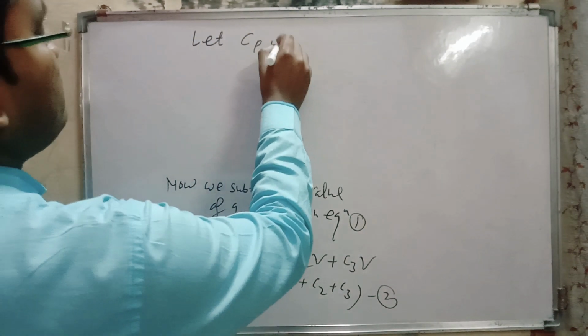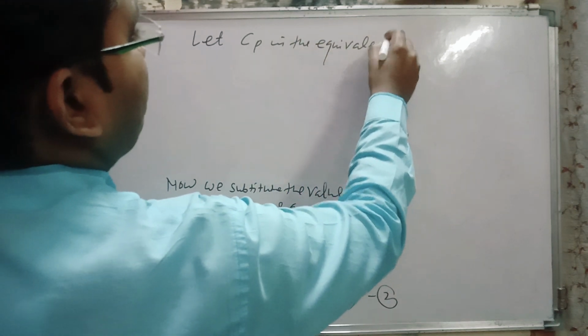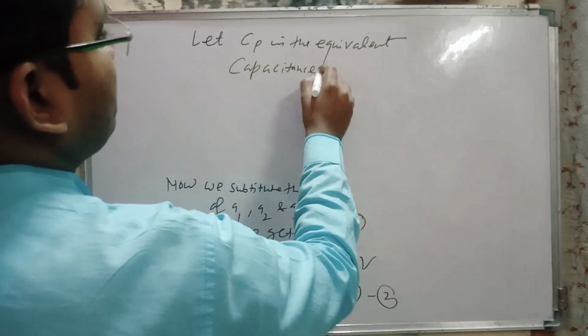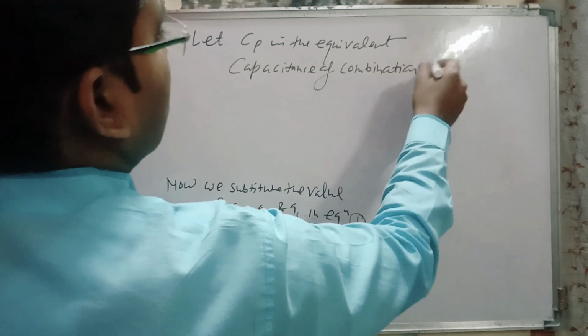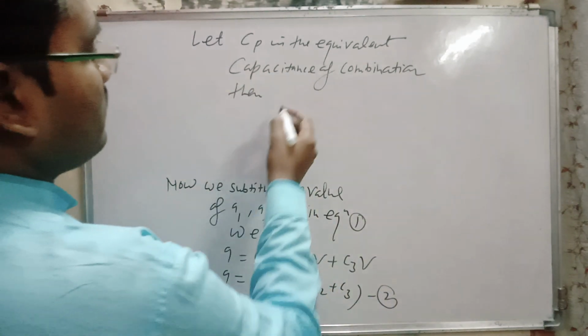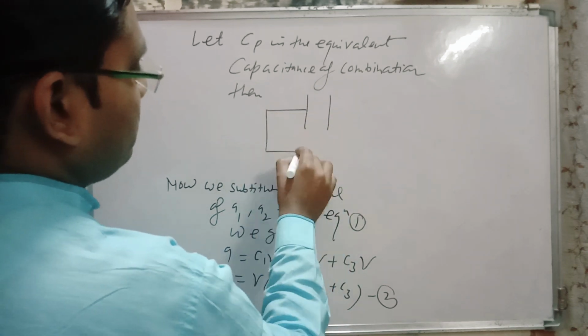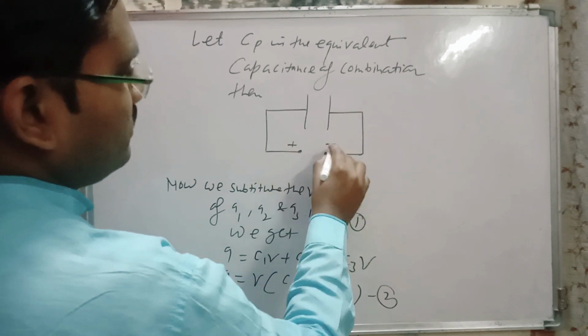Let Cp be the equivalent capacitance of the combination. This is the equivalent circuit. Here is positive, here is negative.